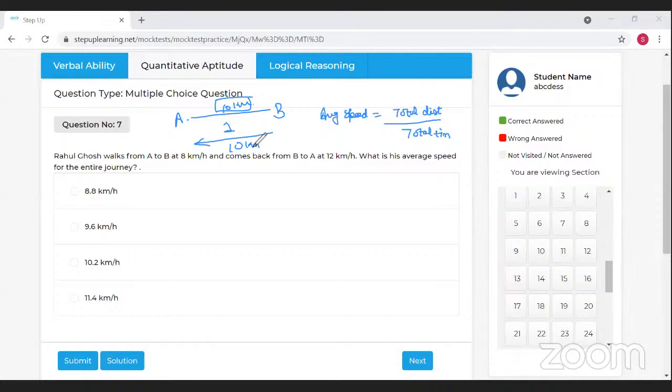We cannot say that on an average you have traveled 10 kilometer, and for the rest of the 10 kilometer, where were you? You don't know that. Are you getting my point? So that's why average speed is not average distance upon average time. It is total distance upon total time.